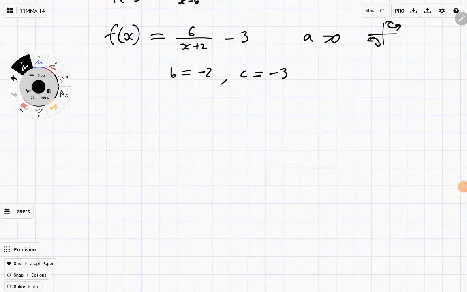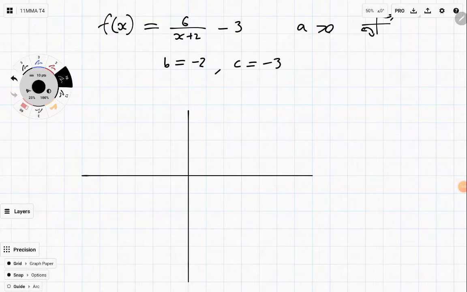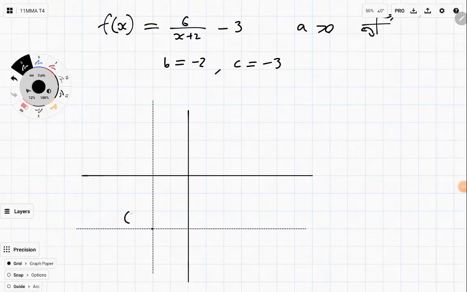So the first thing to do is to just get ourselves the two asymptotes down. These are the two asymptotes, where this is now the point (-2, -3). This is the equation y equals -3, and this is the equation x equals -2. So those are the two equations of asymptotes.